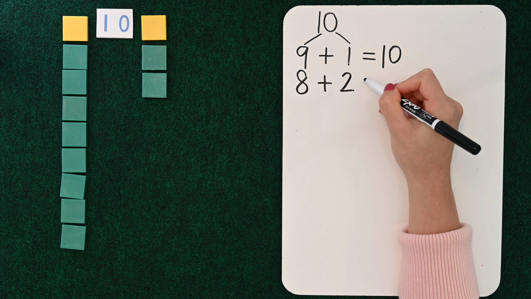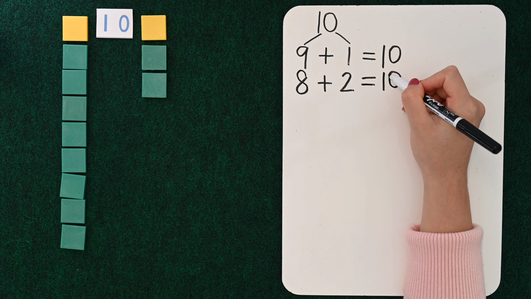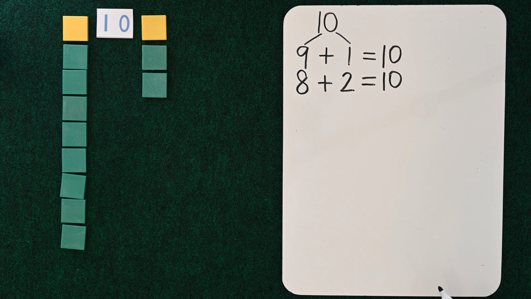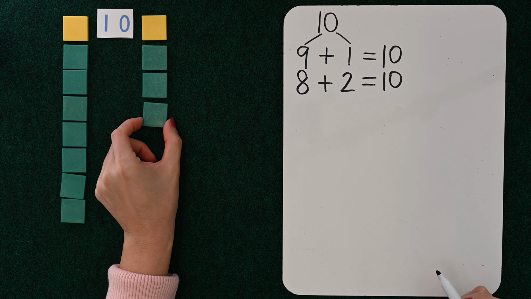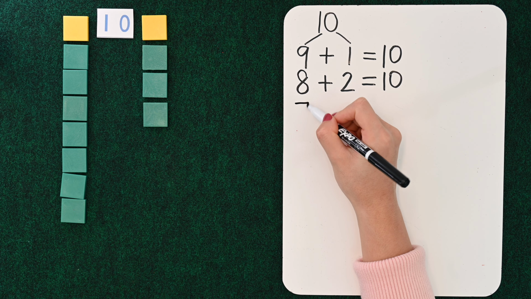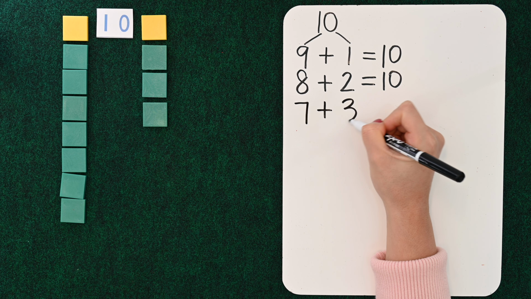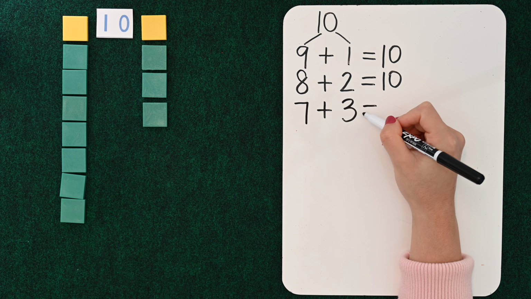And the total is still 10. Okay? Let's continue down the path and move one more cookie. And now you have 7 cookies for kid 1, 3 for kid 2, and 7 plus 3 equals still the same total. It's going to be 7 plus 3 is 10.